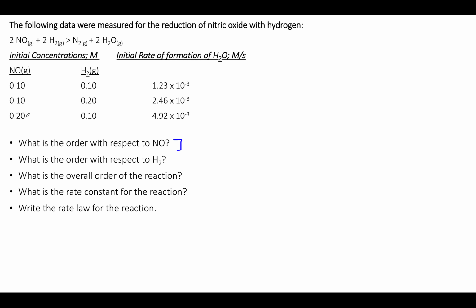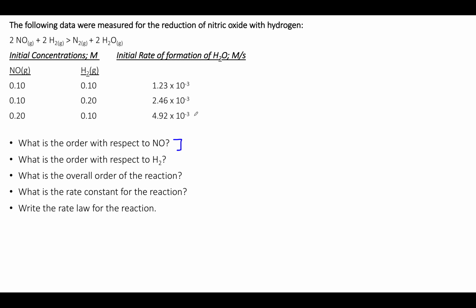I'm going to be using this line because that's where it's different, but it does matter whether I use the first or second line of data to determine the order here, because I need to look at the concentration of nitric oxide when the hydrogen gas is the same, or else I would be manipulating 2 variables, and that wouldn't work.